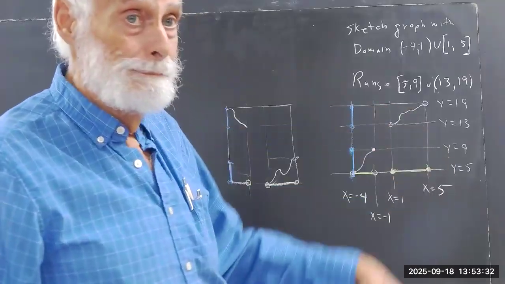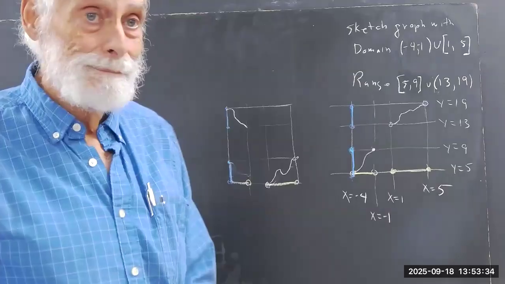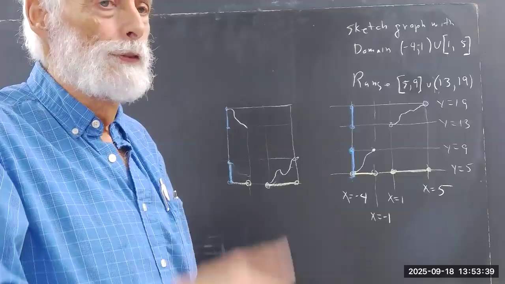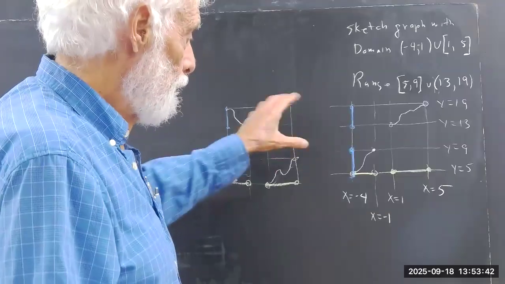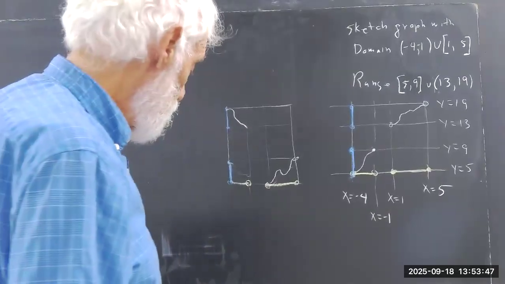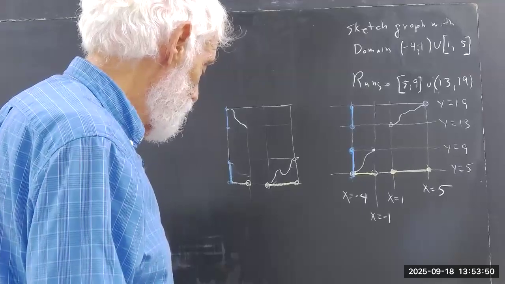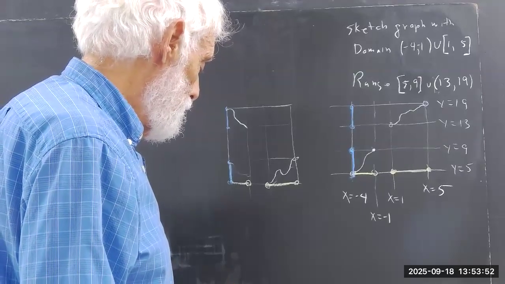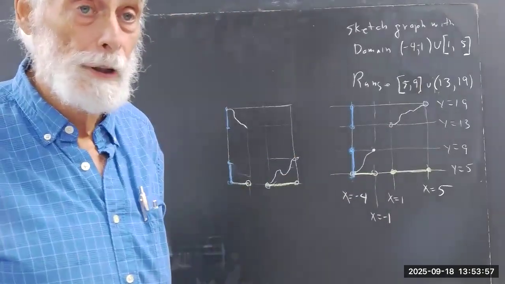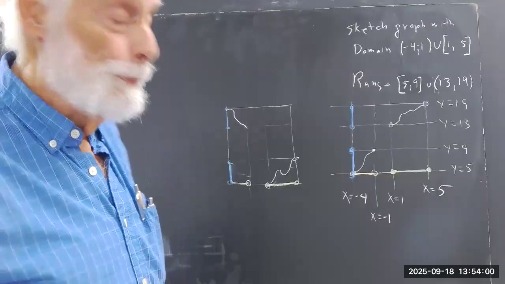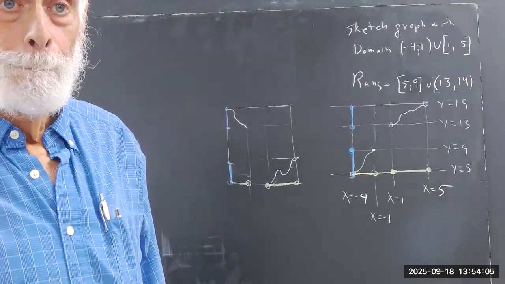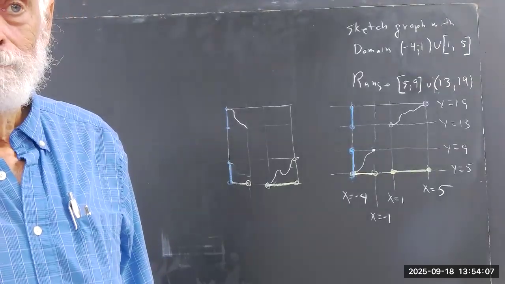This would be an easy way to do it, but this would be equally easy. And you draw any curve that passes a vertical line test within any one of these regions. Does that make sense? So think about that. And as long as you label your X's and Y's and get them in about the right place, your graph's probably going to end up looking a whole lot like one of these, okay? Should be an easy problem.